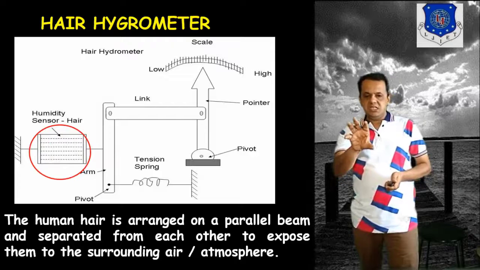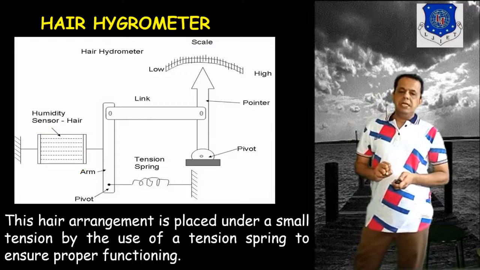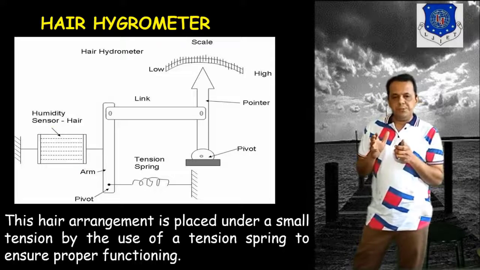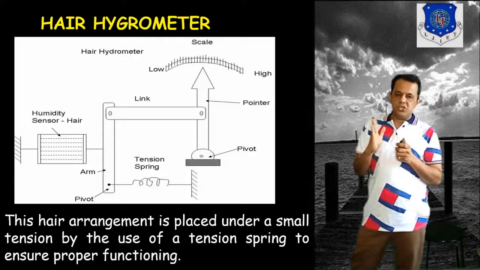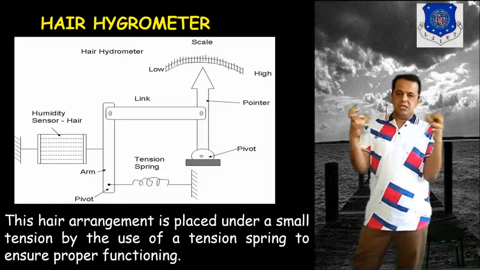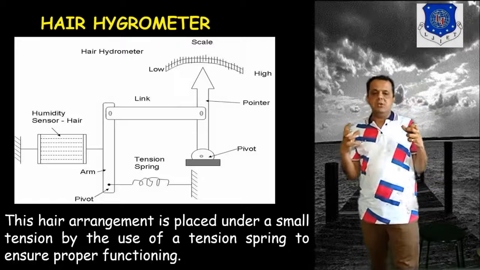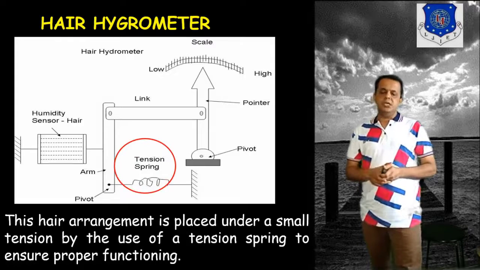This is the part of hair that I have encircled. Then this hair arrangement is placed under a small tension by the use of a tension spring to ensure proper functioning, like a stretching of the hair in a proper manner. That tension spring is shown here.